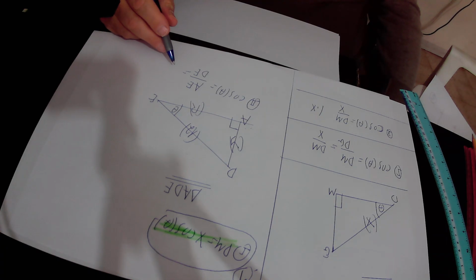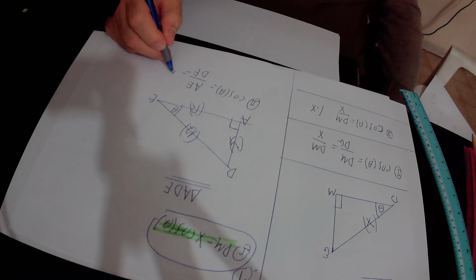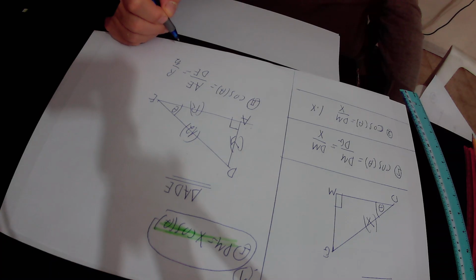So cosine theta equals AE, which is R, over DE, that is 12.